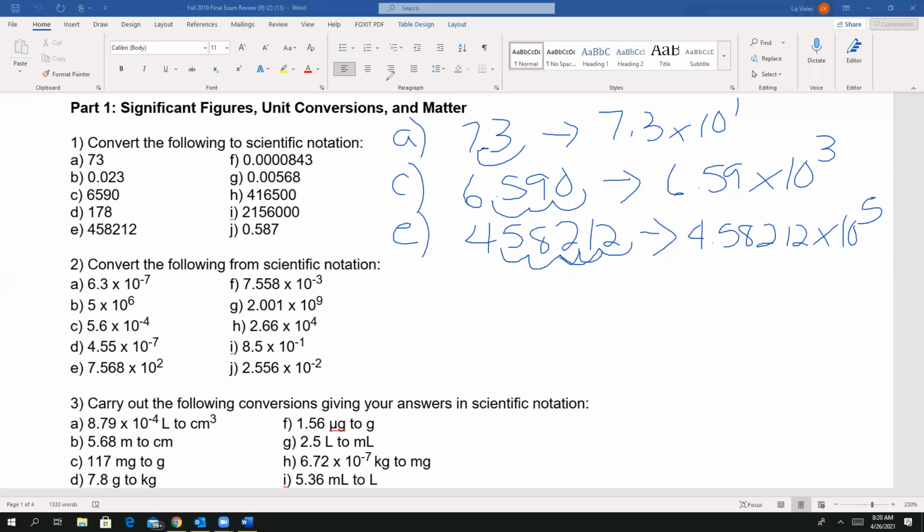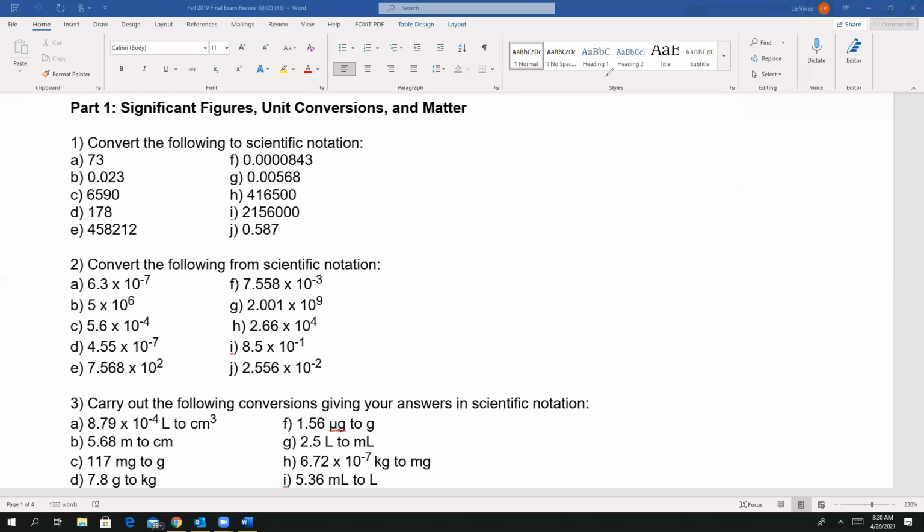Okay, for the next part, I'm going to do G. And this one is the opposite.